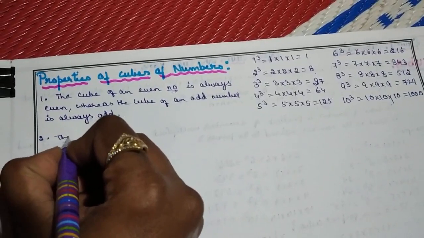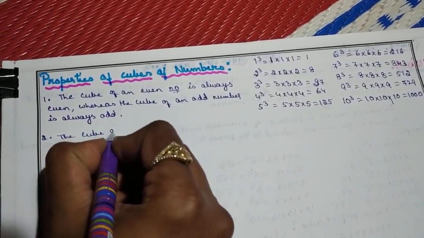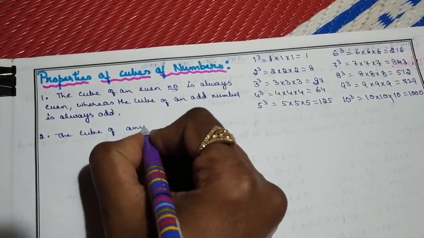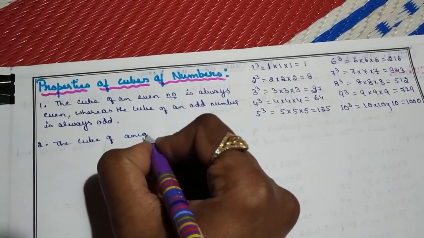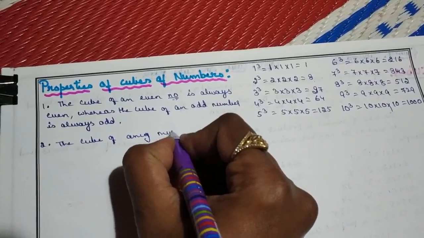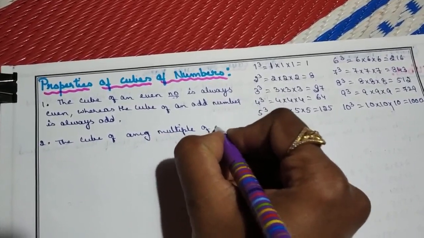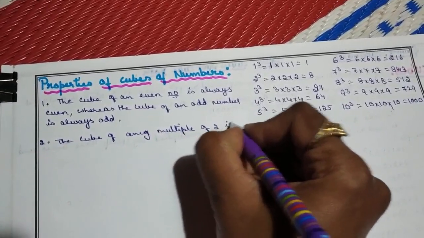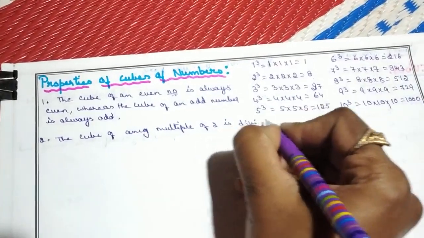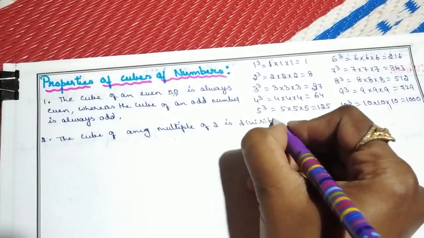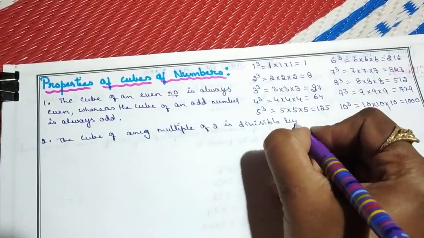So the cube of any multiple of 2 is divisible by 8.